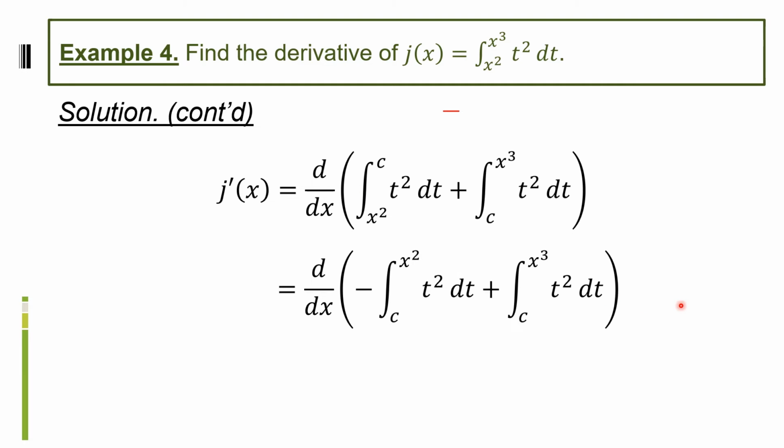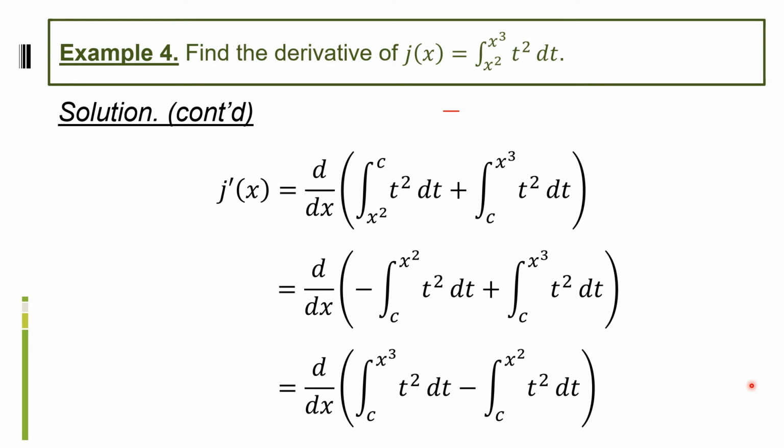So, by using that property, we now have the negative of the definite integral from c to x squared t squared dt plus the definite integral from c to x cubed t squared dt. Or that is, ayusin lang natin, the derivative of the definite integral from c to x cubed t squared dt minus the definite integral from c to x squared t squared dt.